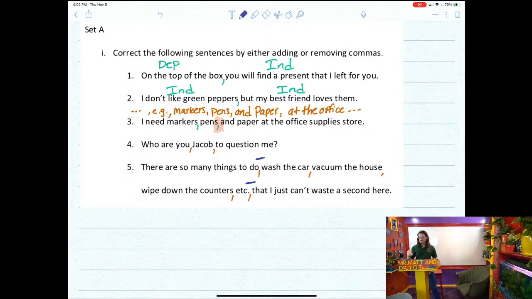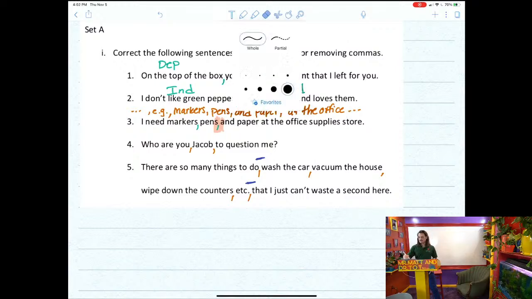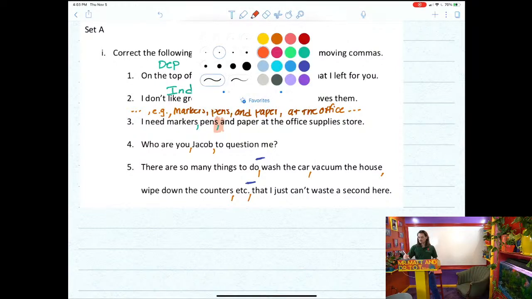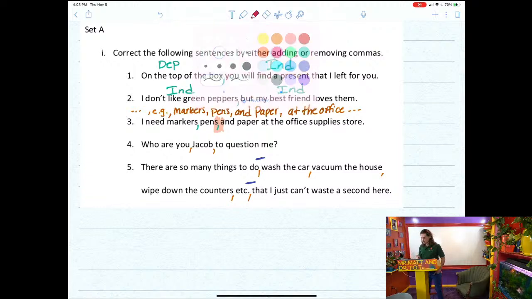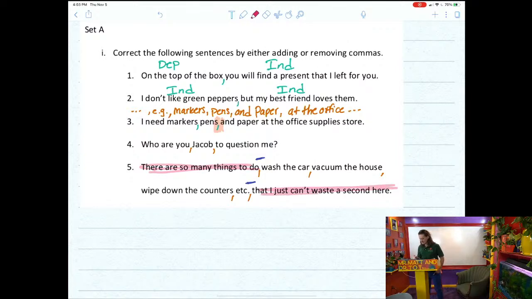Then we'd have a dash, and then the essential portion of the sentence, which is: there are so many things to do that I just can't waste a second here. That's the essence of the whole thought unit that's trying to be expressed.